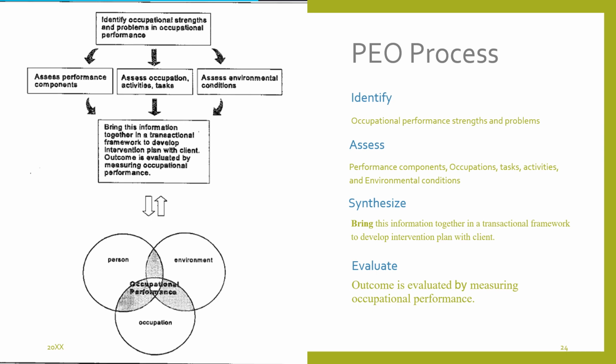This one is kind of a milder, simple process, where you first identify what the performance strengths and problems are by talking to the client, right? And then you begin your assessment of the things that you decide you need to assess, which could be performance components or occupations or any type of environmental areas.